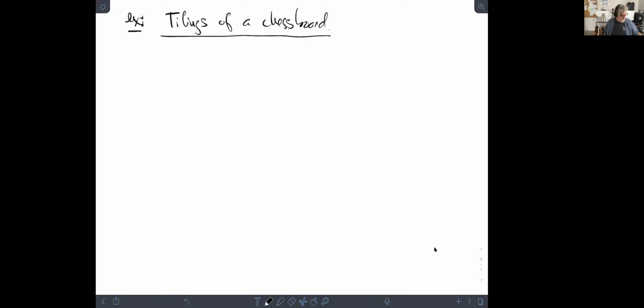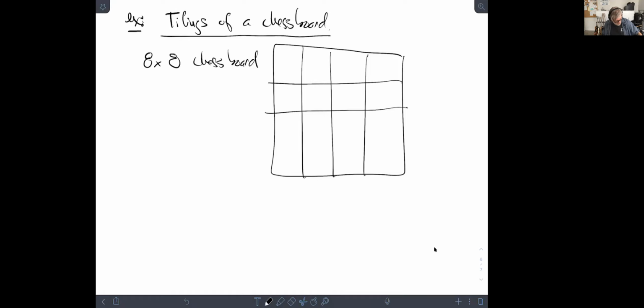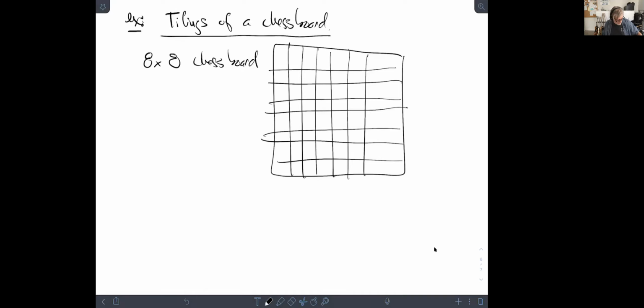Okay, so we have an 8x8 chessboard. It's a square which is divided in little squares, and it's 8x8. Okay, so that's the chessboard.